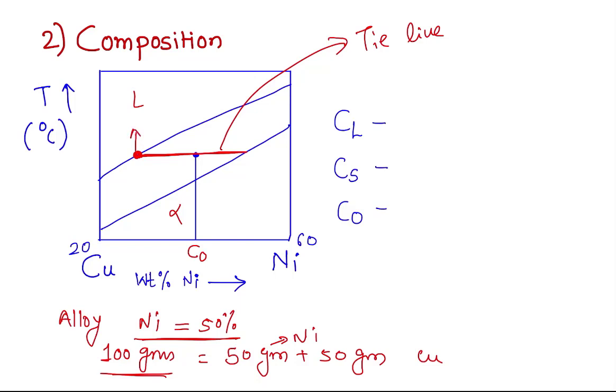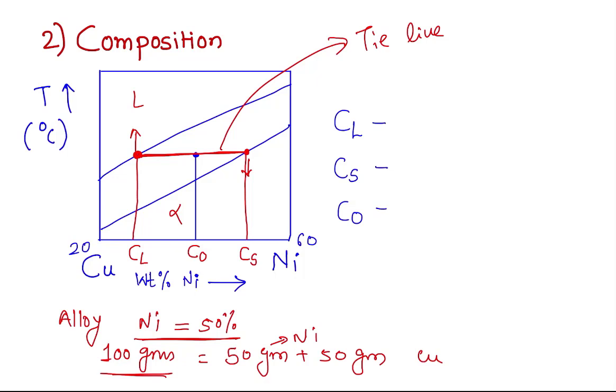Above this, it will be in a liquid state. So this composition we can call as Cl, that is composition of liquid. Here it touches solidus. Below this, everything is in a solid form. So this composition we can call as Cs, that is composition of solid.